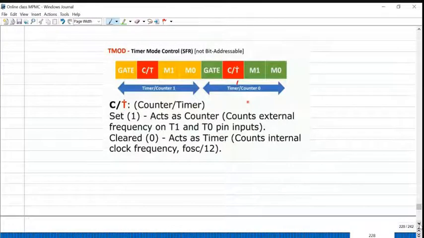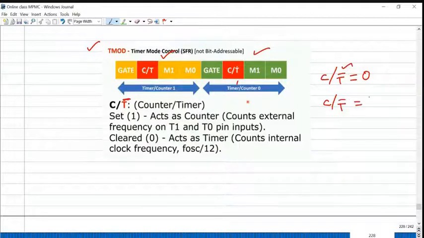Timer mode control. This bit is counter slash timer bar, C/T bar. For timer counter 0, these 4 bits are used. For timer counter 1, these 4 bits are used. So C/T bar: if this is 0, the timer mode operation will be enabled.